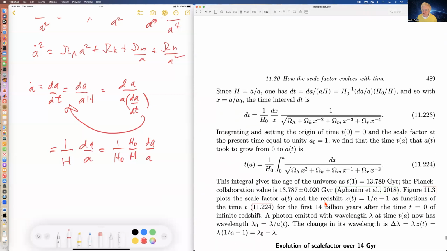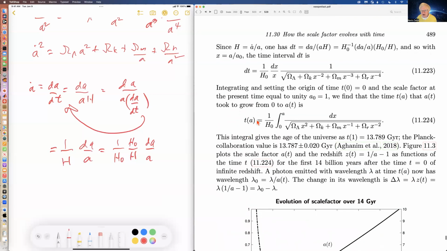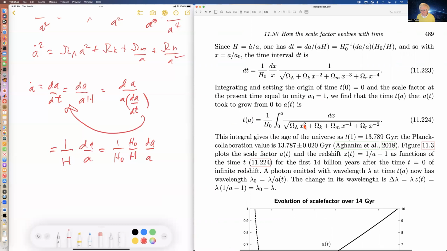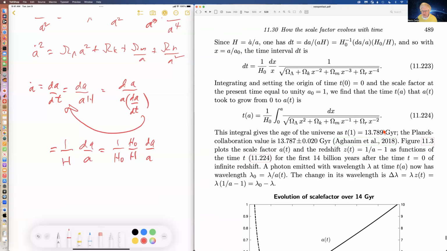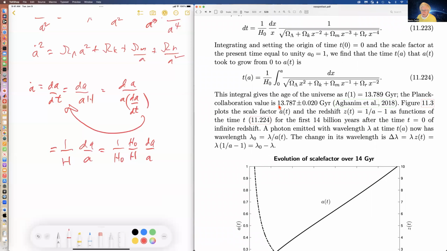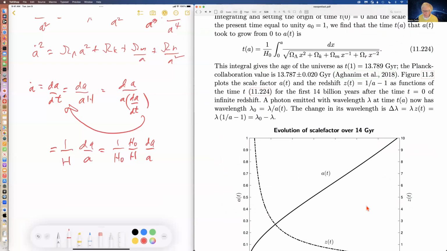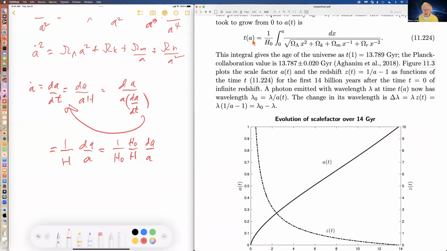In any event, one gets this expression here that gives us the time as a function of scale factor, as 1 over the Hubble constant times an integral of dA over A. And when you multiply A through here, you get an A squared, the A squared inverse gets canceled, and you get these two terms. And so you can just do this, and I wrote a little program to do it, and use that program to compute what T of A would be.